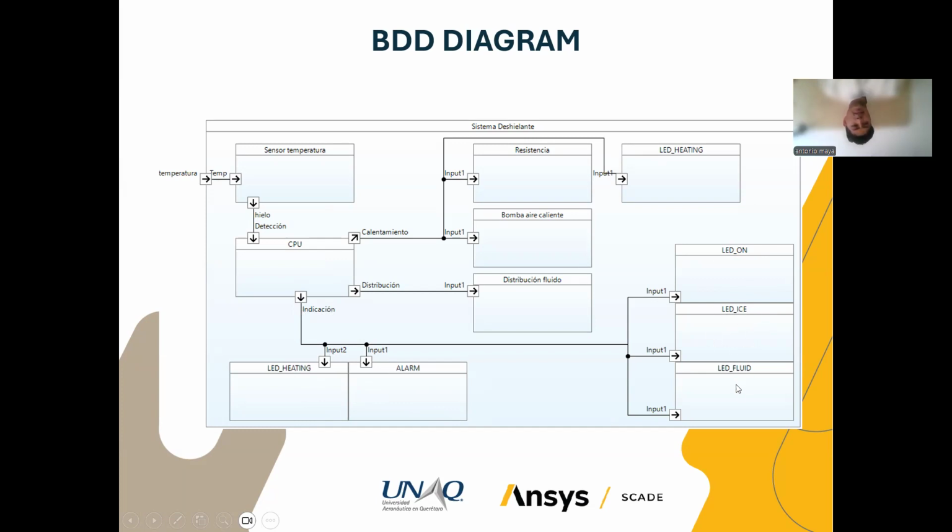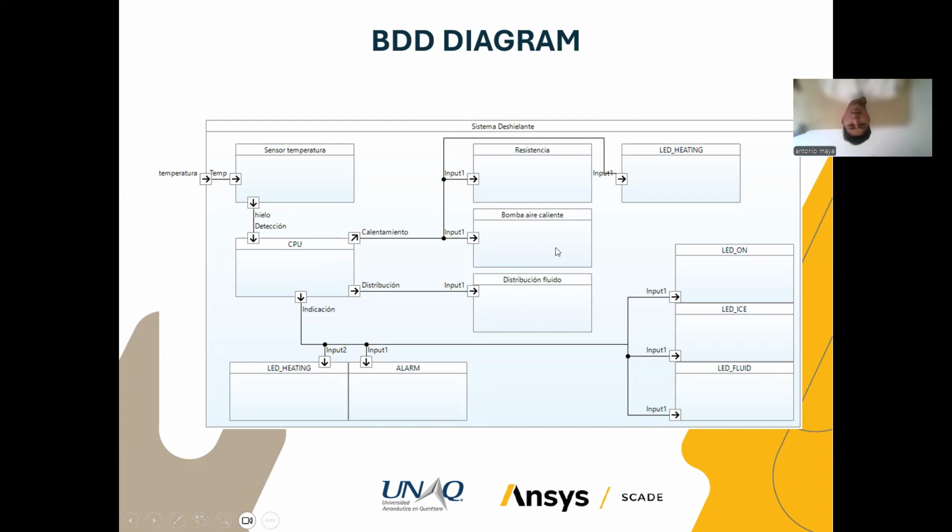The white LED and the yellow LED. So this is the indicating system, but if this system is going to be actually implemented in an airplane, we're going to have mechanical systems distributing with pumps, and also the resistor.